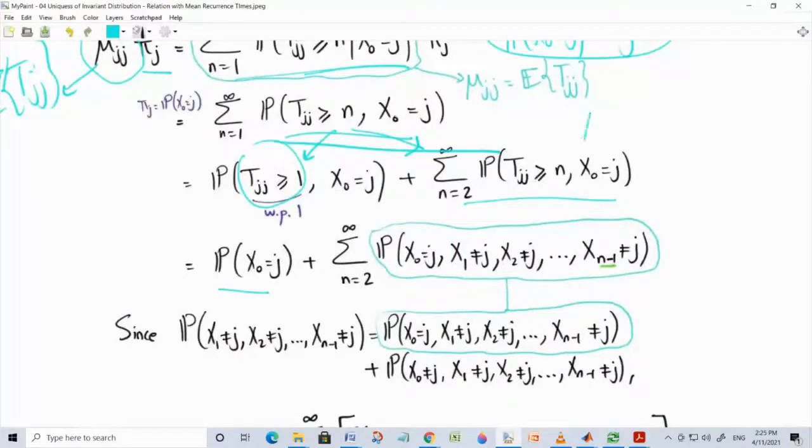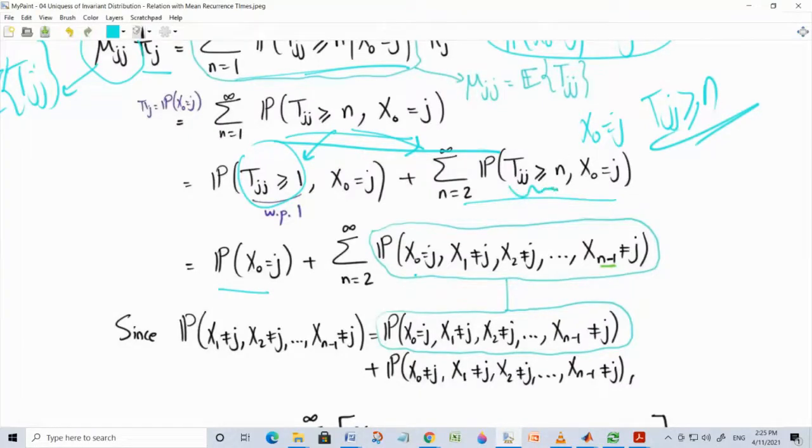And this event that x0 is equal to j and tjj is greater than or equal to n can be written in a more expanded form. This is x0 is equal to j.